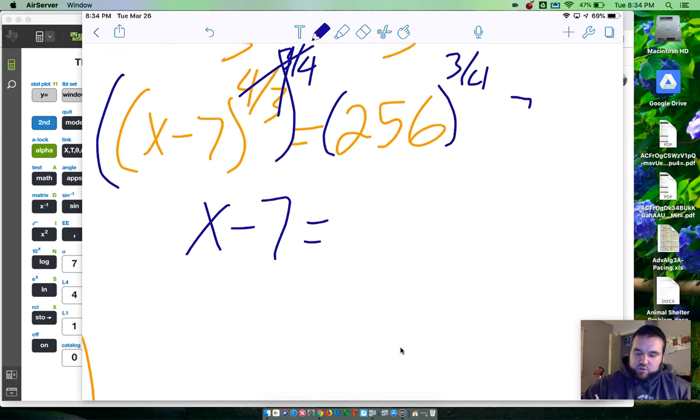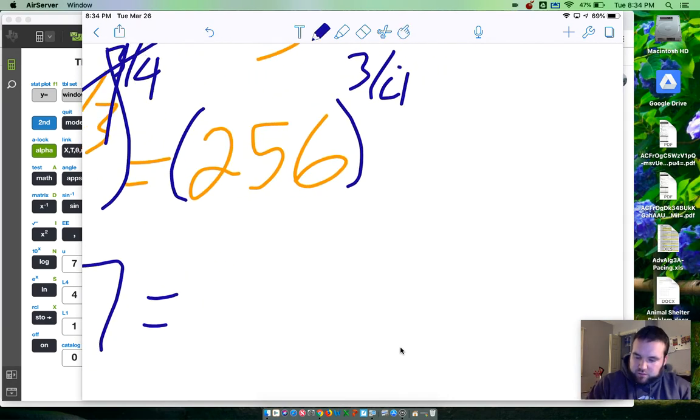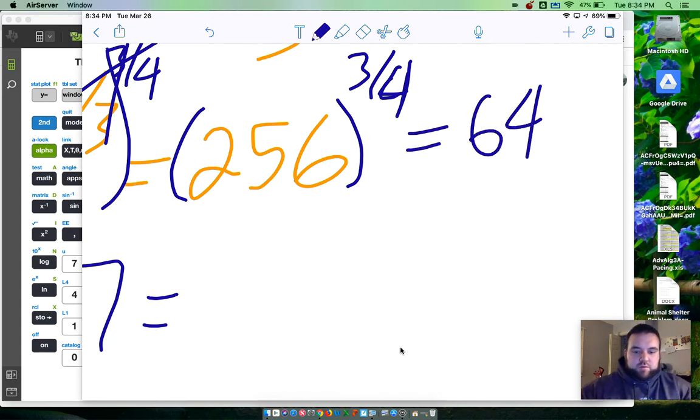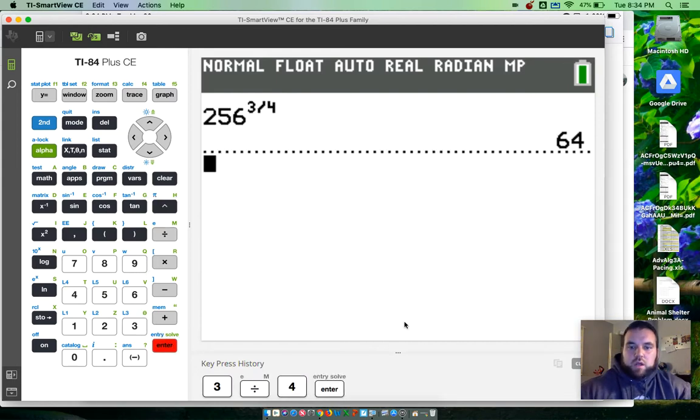Remember, this is kind of a tricky situation. I can type this in the calculator, and you should get 64. Let's double check. 256 to the 3/4 power is 64.